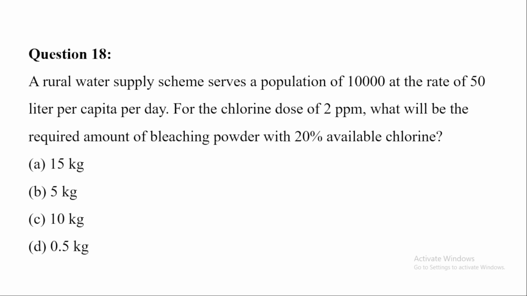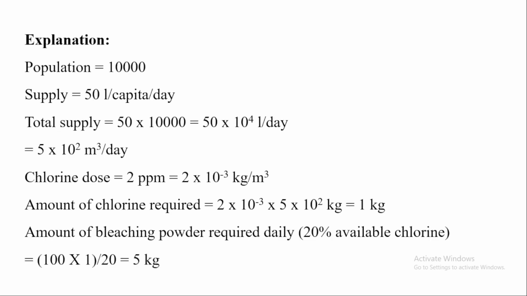If you see the conversion rate of liter into meter cube, 1 liter is equal to 10 raised to the power of minus 3 meter cube. So 50 into 10 raised to the power 4 will be equal to 50 into 10 raised to the power of 4 into 10 raised to the power of minus 3 meter cube per day.